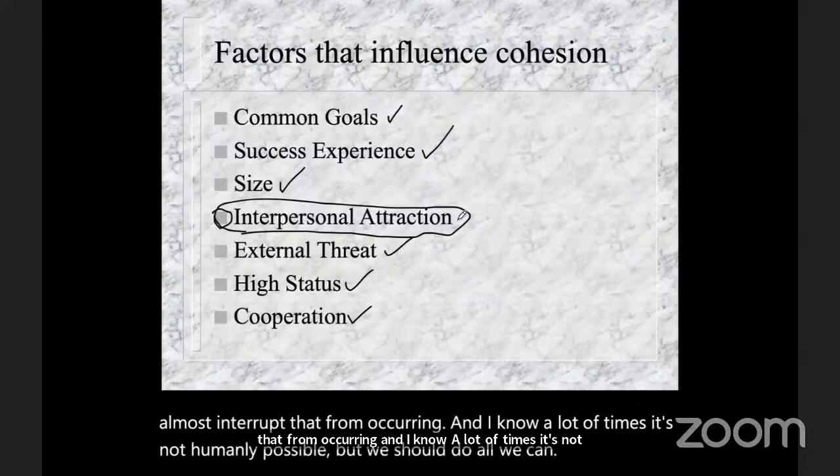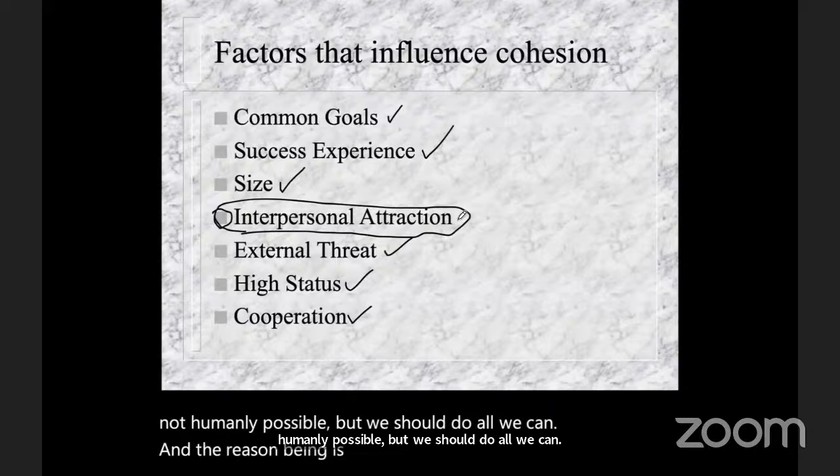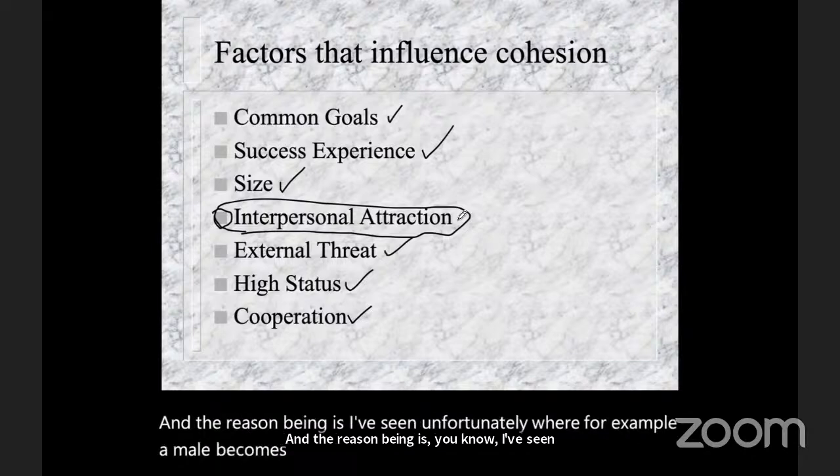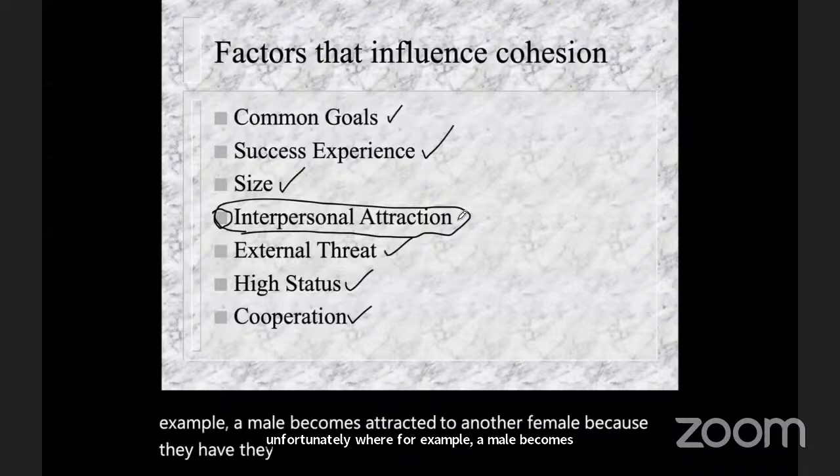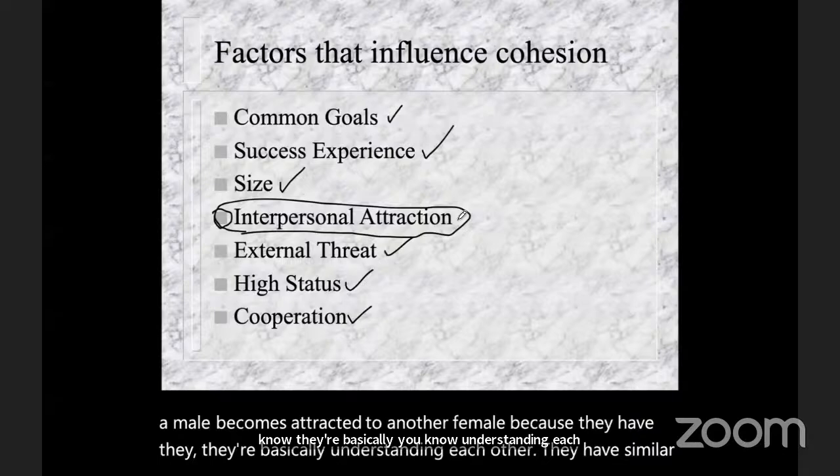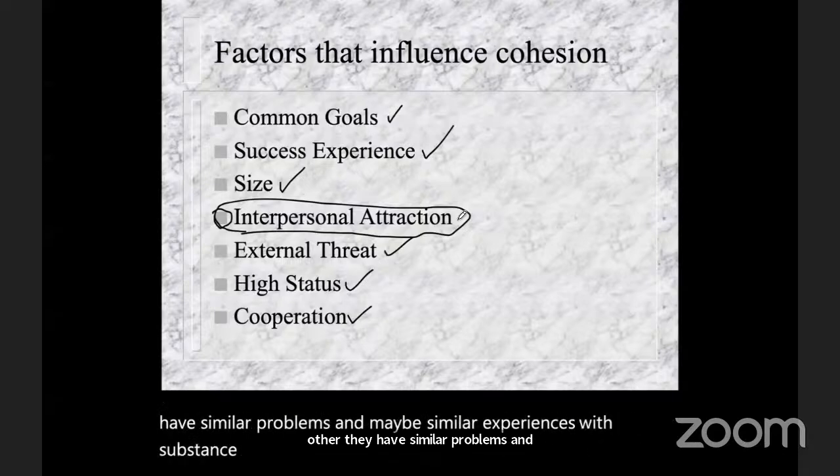The reason being is I've seen, unfortunately, where, for example, a male becomes attracted to a female because they're basically understanding each other. They have similar problems and maybe similar experiences with substance abuse, but then they're also physically attracted to them.